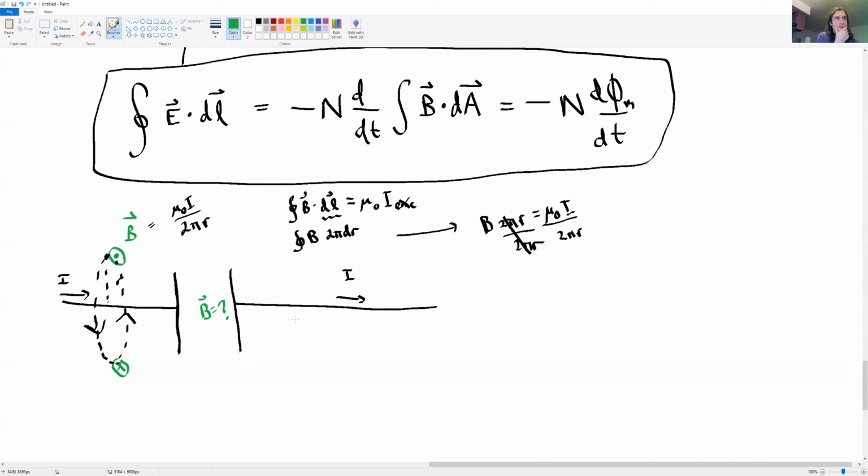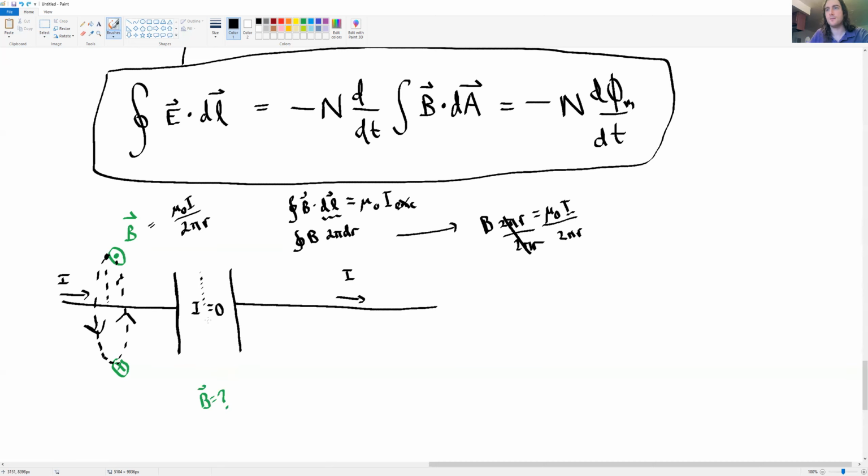Well, Ampere's law tells us, as shown here, that the magnetic field is 0. There is no current flowing across the capacitor plates here. So if I draw a distance r up to some point here and do the closed loop like this, then I get B is 0 according to Ampere's law.